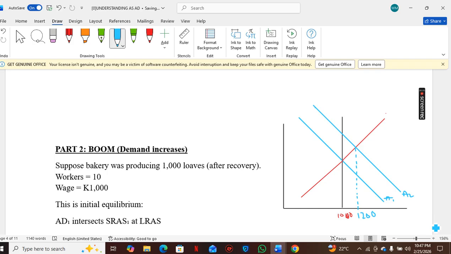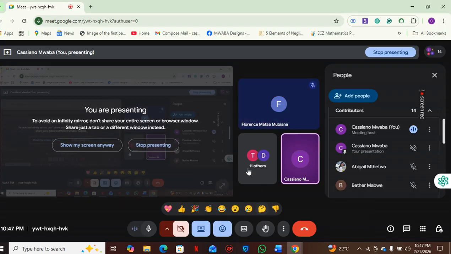But you can't do that for so long, Madam Sophia, because when you reach the long run, then our wages have become flexible. And since the workers have seen you have increased the price of the bread, they are going to tell you, even us, increase our wages. So what happens now?